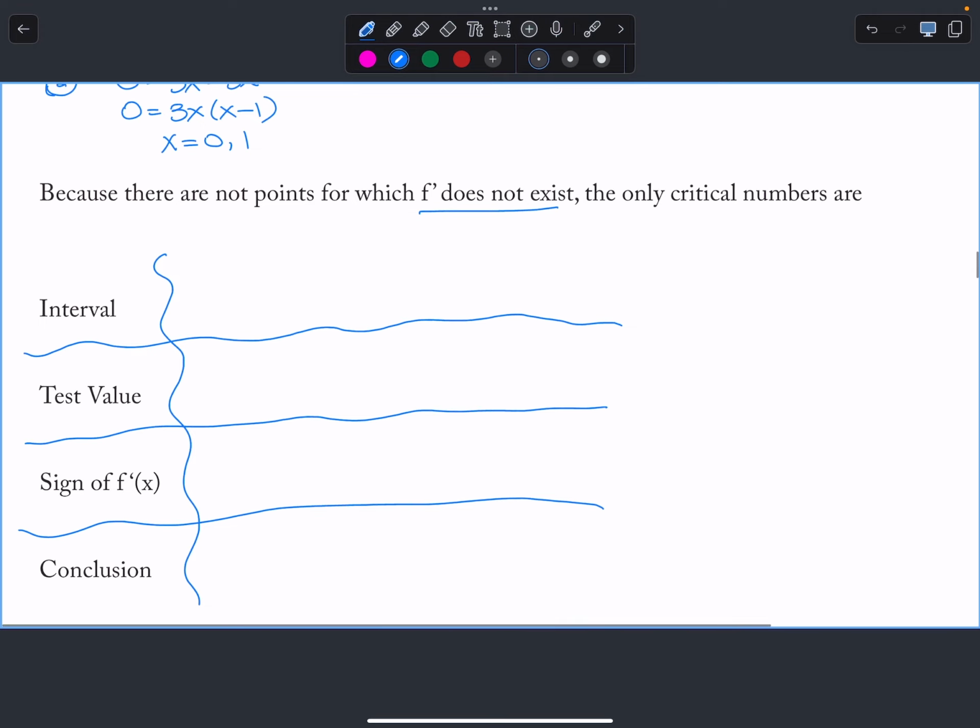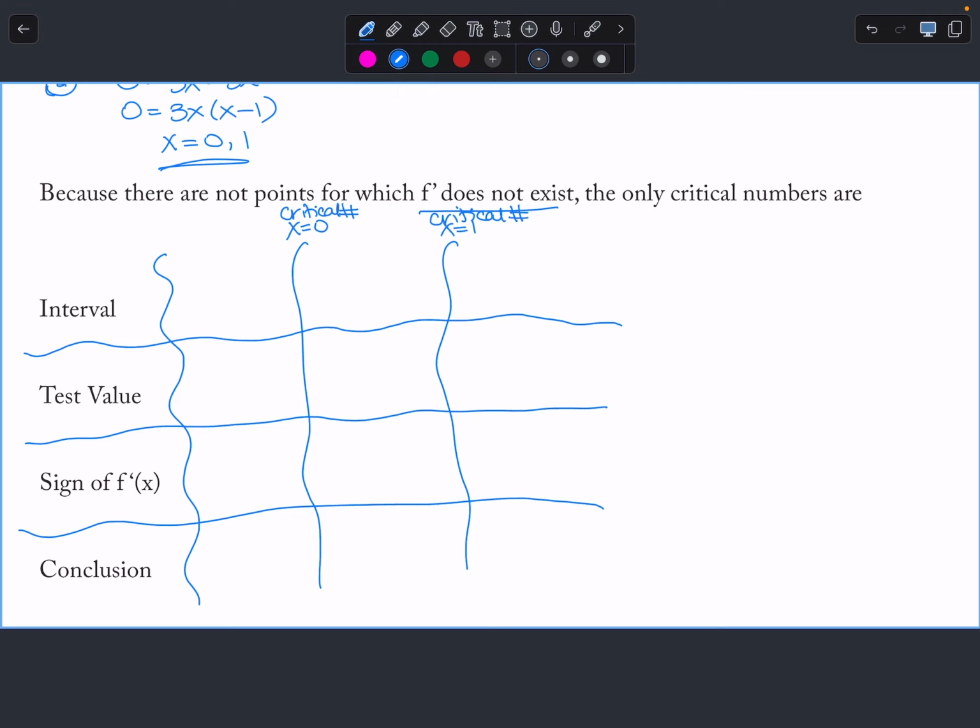Okay, so when I create my table, I have along my vertical lines when x is equal to 0 and 1, because those are my critical numbers. So I want to pick a value that is less than 0.